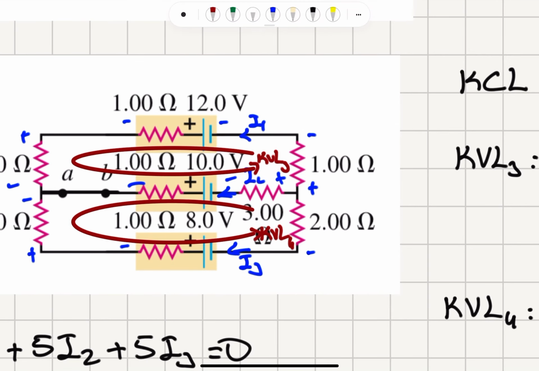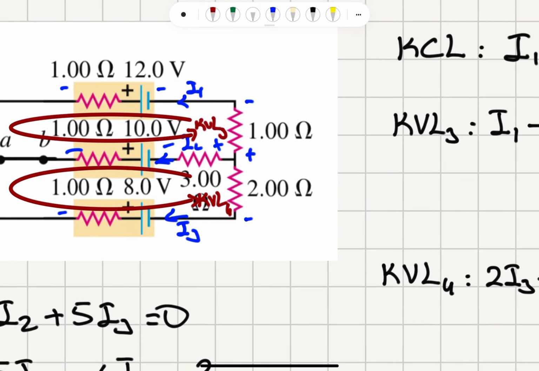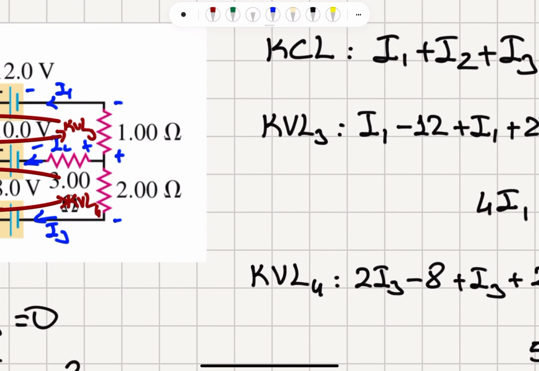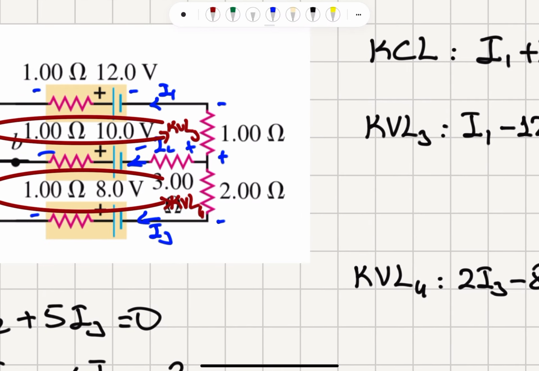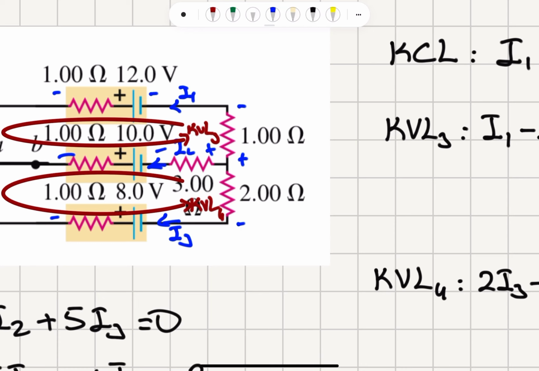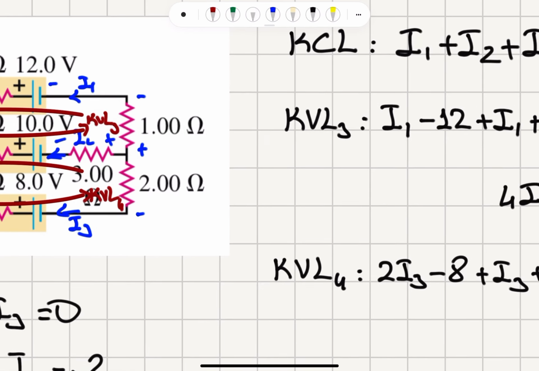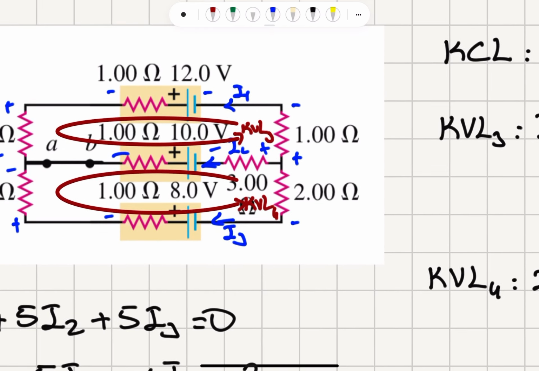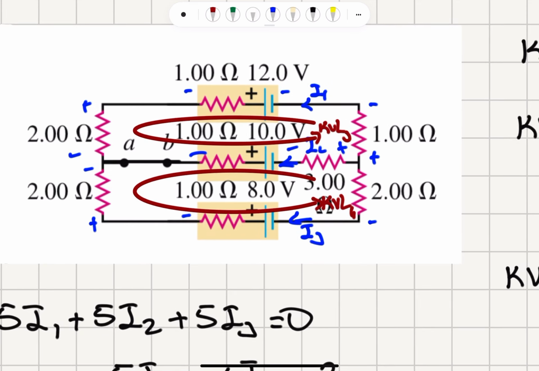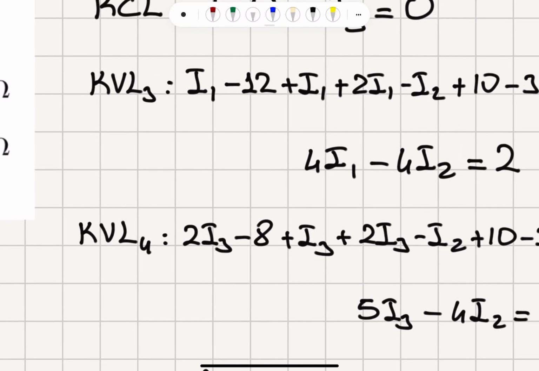And for this loop here, I have the two branches having currents I2 and I3. Now, starting at this point, I have 2I3, then I have minus 8 volts, then I have plus I3, plus 2I3, minus I2, plus 8, and minus 3I2.